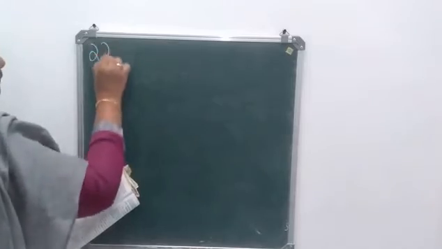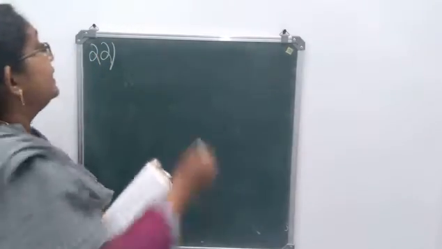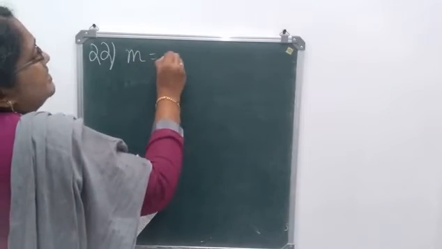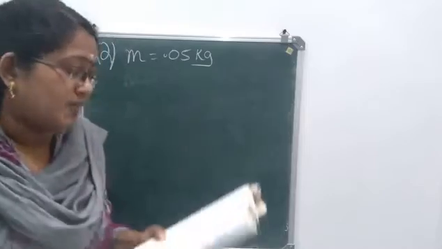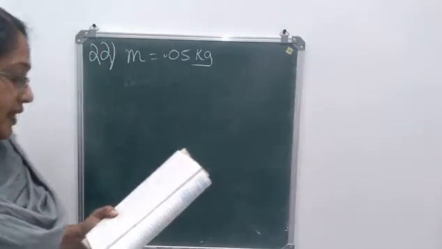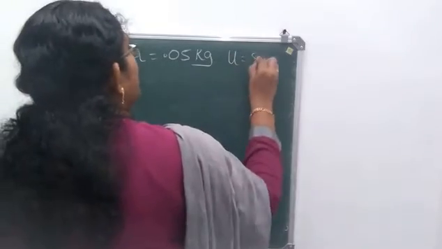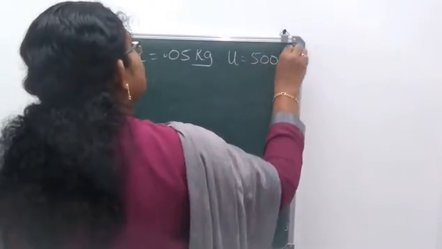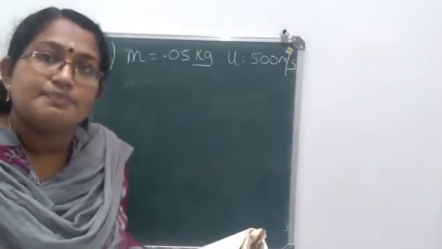Moving to question number 22. A bullet of mass 50 gram. 50 gram means directly you can write it as 0.05 kilogram. It is moving with a velocity of 500 meter per second. So let the bullet move with an initial velocity of 500 meter per second.